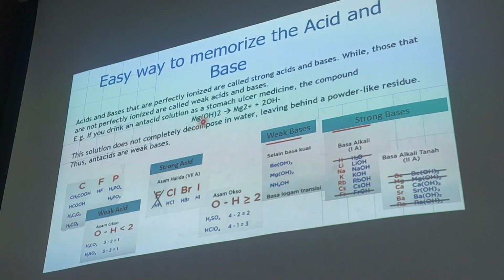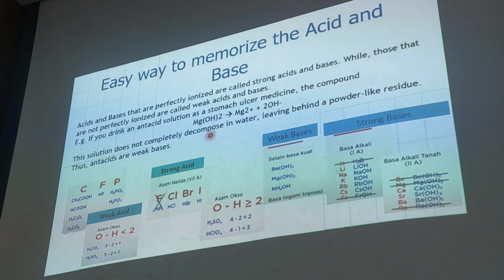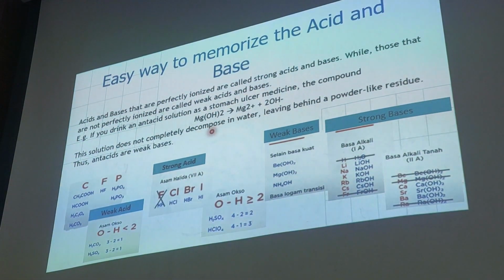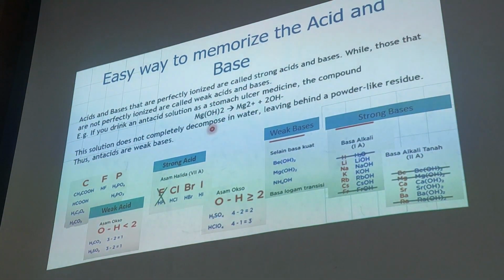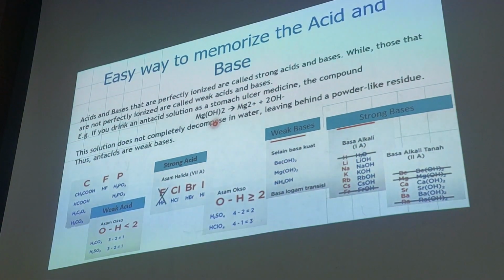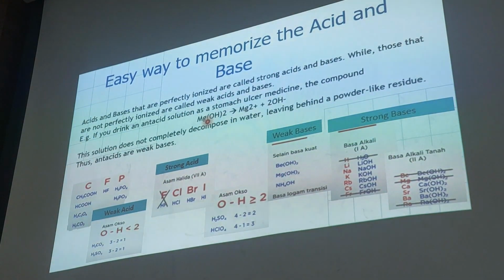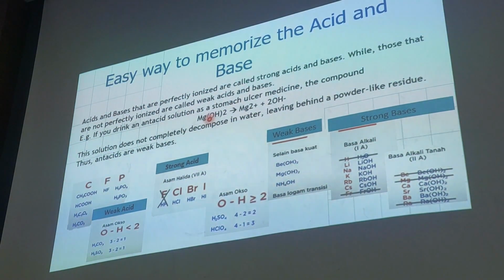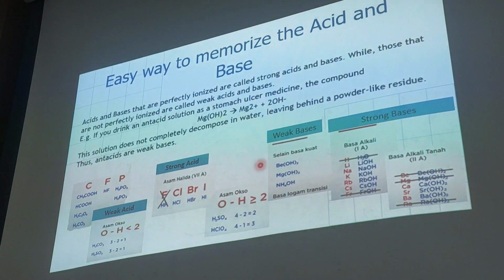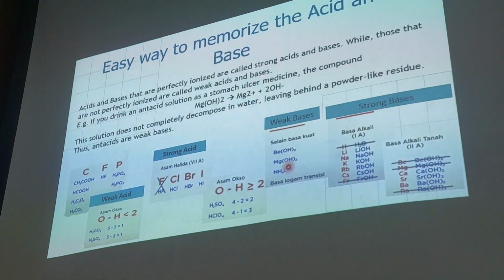So magnesium hydroxide is a weak base because it is not perfectly ionized. How can we say that this is a base? OH, yeah, OH, it's contained in the weak base in here.